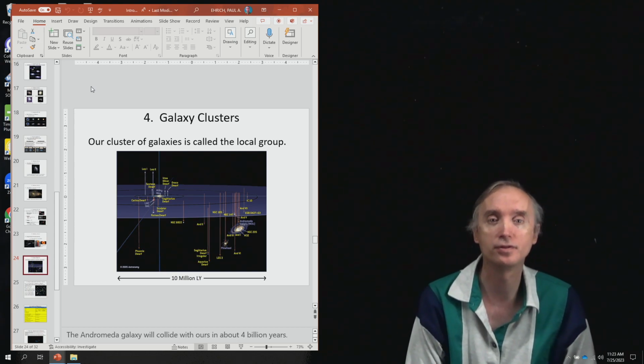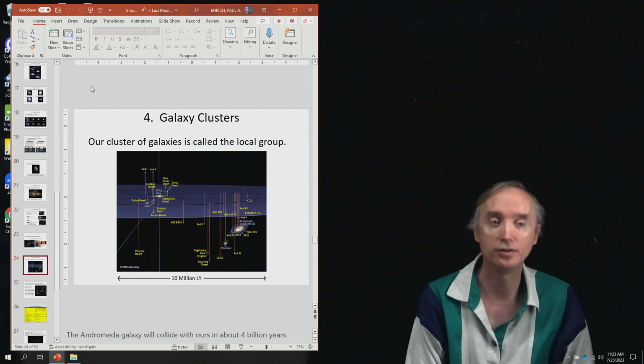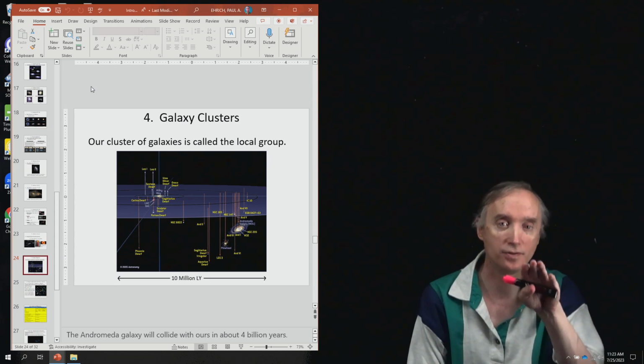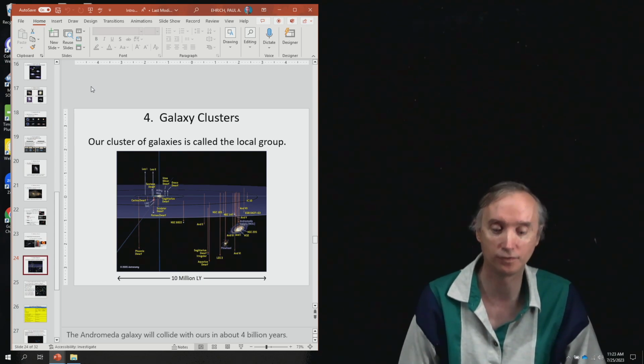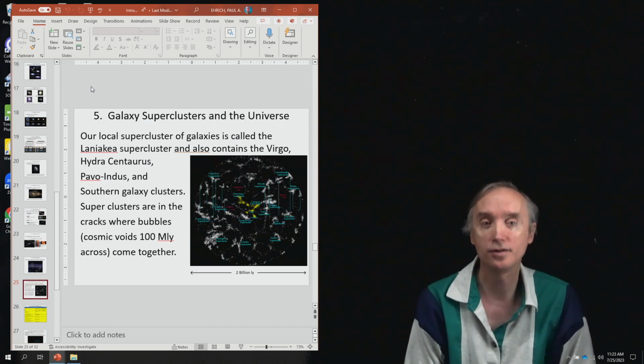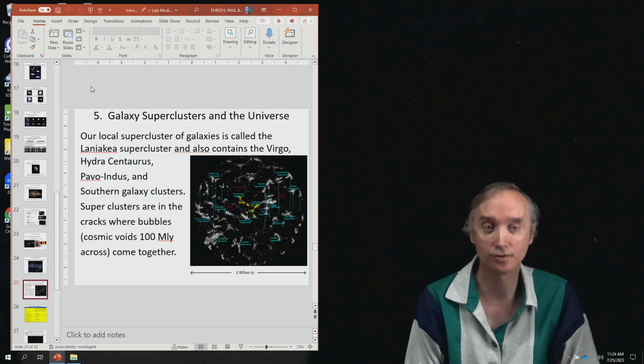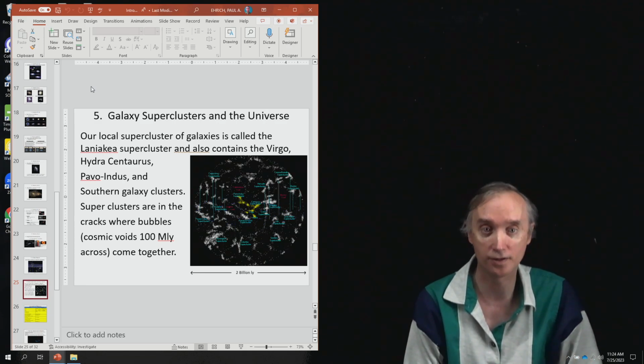I think you ought to know that the Andromeda galaxy is part of the cluster of galaxies that the Milky Way belongs to. But you're not responsible for knowing the size of a cluster of galaxies. Okay, and then clusters of galaxies are going to be clustered into superclusters.